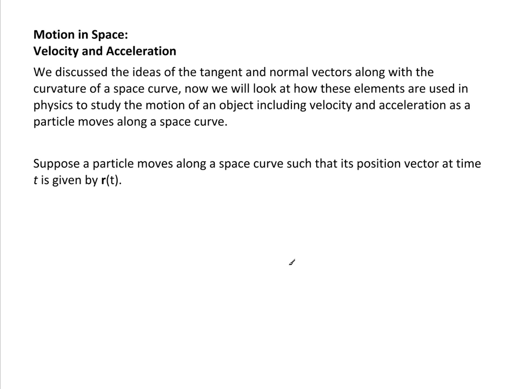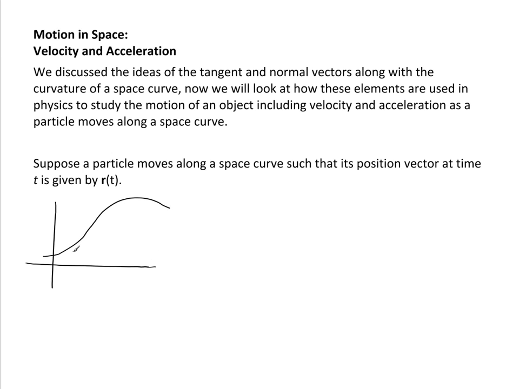Now suppose we have a particle that moves along a space curve such that the position vector at time t is given by r of t. So I'm going to do this in R2 because obviously it's more difficult to draw in R3. So I have some particle moving along, say, this curve.